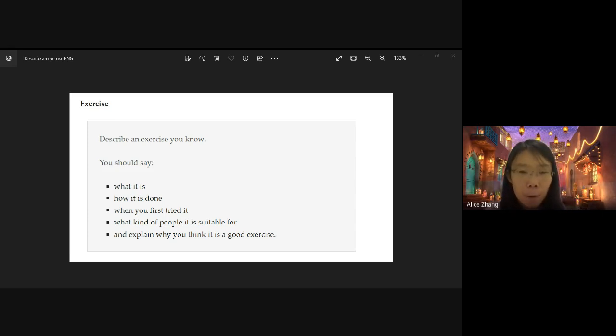But for other people, I think this is a suitable sport, and it is a good way to improve our heart and our muscles. And when we are jogging, we need to use our whole body to join this sport. So I really think it is a good exercise, and I will try to do this again when the weather is not that hot.